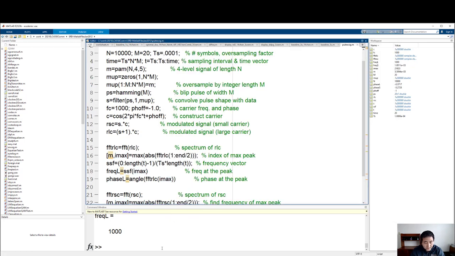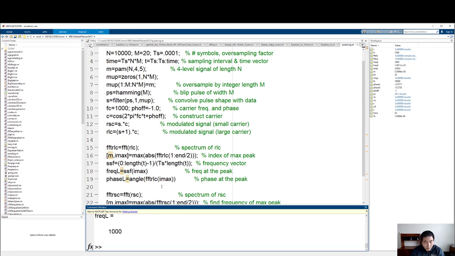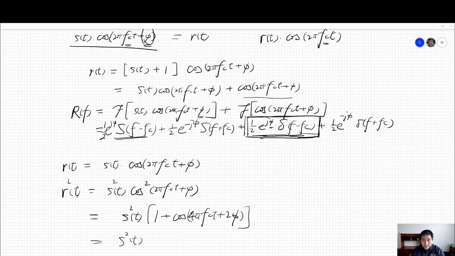We also find, at this frequency point, which is I max, that's the index, the angle or the phase of that point. So we plot out phase L. That gives me the phase phi. But we can see here it's far from correct, because we are trying to find this phi using this term, but at frequency F equal to Fc, we also have this term.